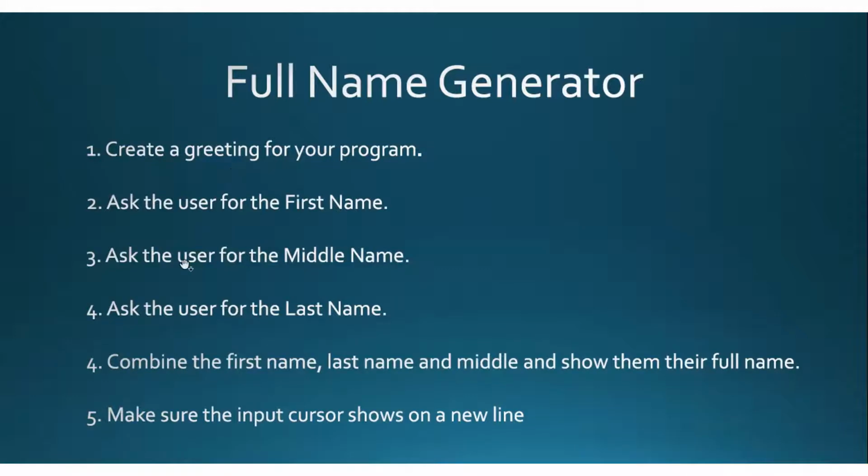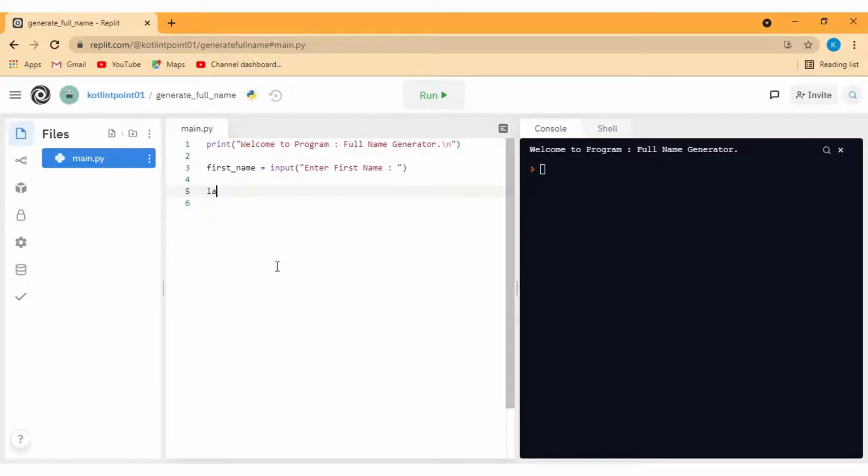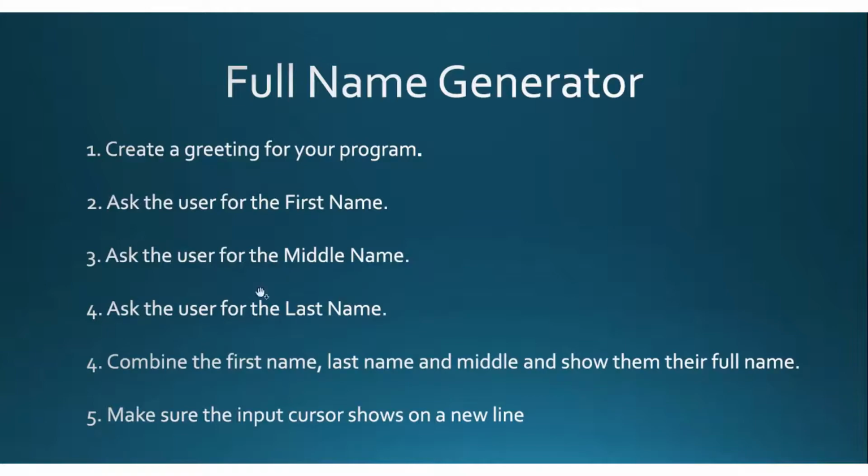Similarly, next we need to ask for the middle name from the user. So I will have one more variable, and I will ask for enter middle name. Okay, by mistake I set last name, but I will have middle name here. Okay, next we need to ask for the last name.